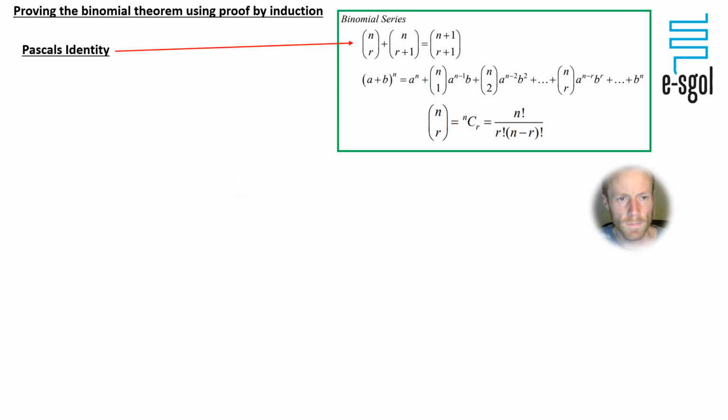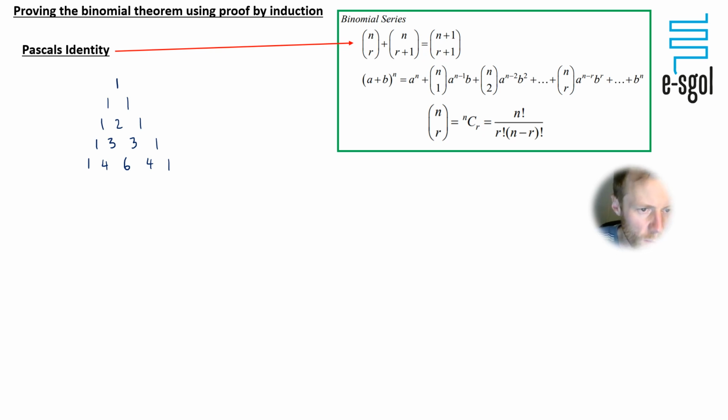So up the top here is Pascal's identity, and it's given to you in the formula book. You might want to just have a think about what it means. So if we draw Pascal's triangle out, let's go to maybe the 5th or the 6th row.